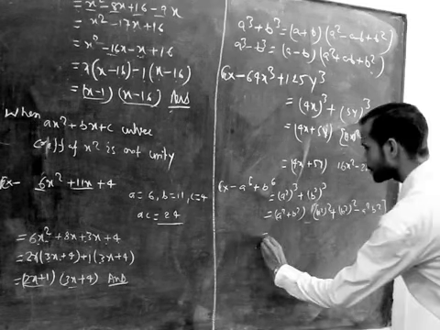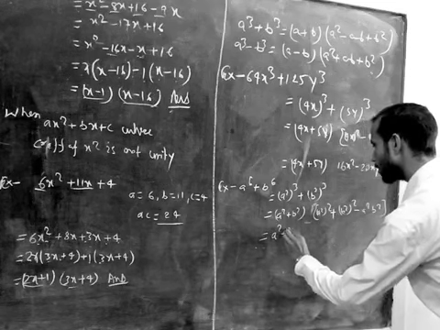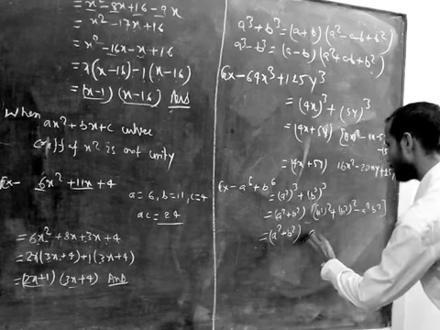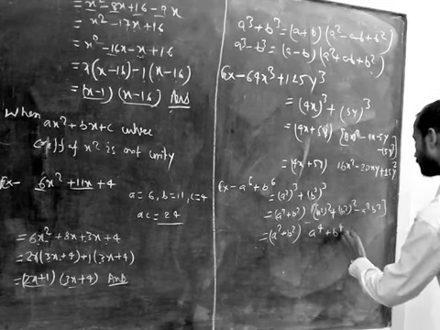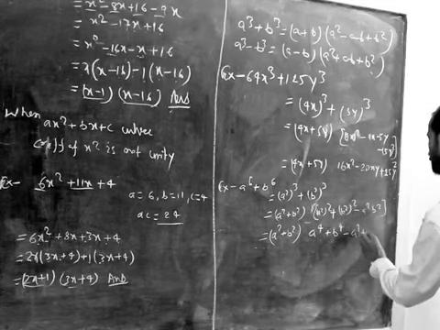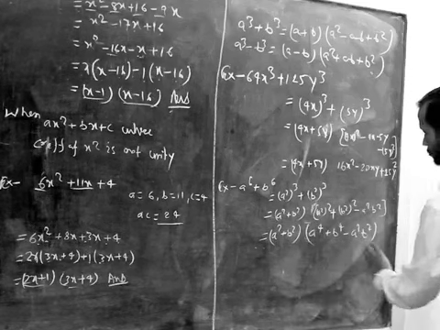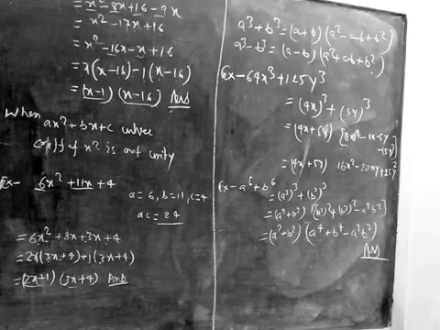Hence (a square plus b square)(a to the power 4 plus b to the power 4 minus a square b square), and hence it is the answer.